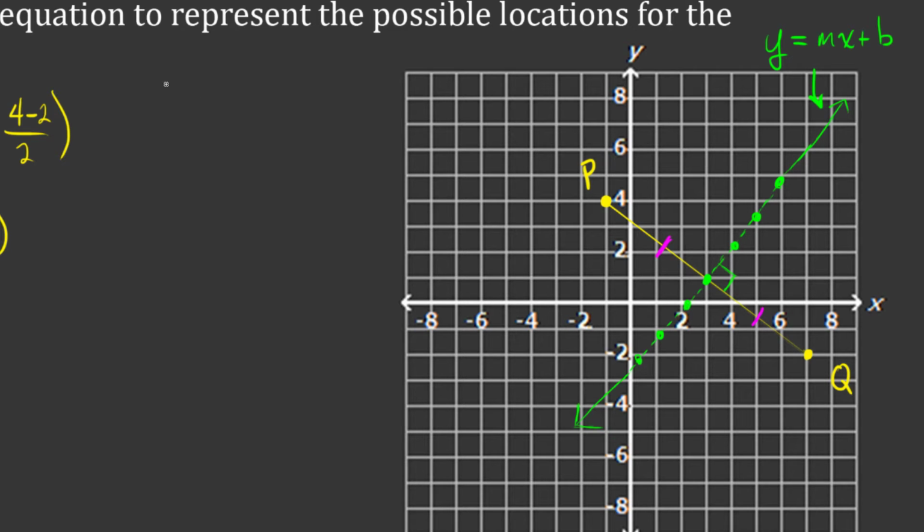So I'll start by figuring out, what do I need to know for that y equals mx plus b? I need the slope for sure, and that's pretty much where we always start. But I can't just immediately get the slope of this green line. I didn't draw it correctly necessarily, but I can get the slope of the yellow line.